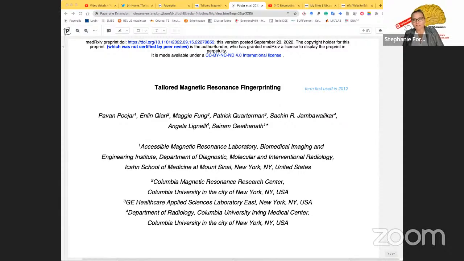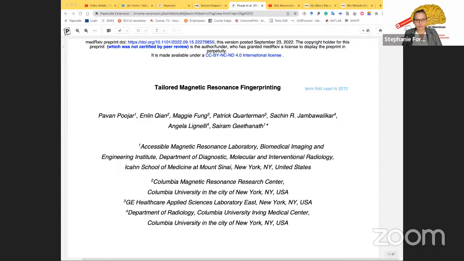And in this paper, they used tailored magnetic resonance fingerprinting, which increased the scan efficacy. And they tested it with rapid simultaneous multi-contrast T1 weighted, FLAIR and T2 weighted images, and also quantitative imaging T1, T2 maps.